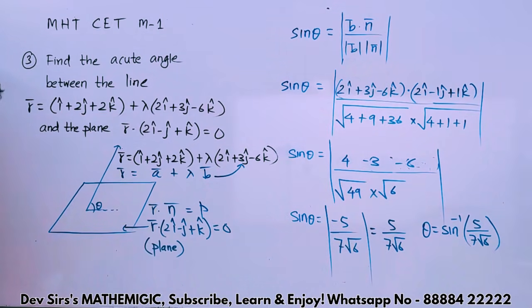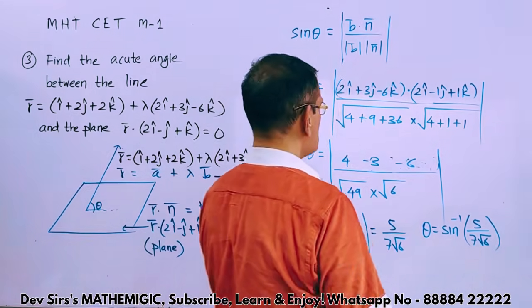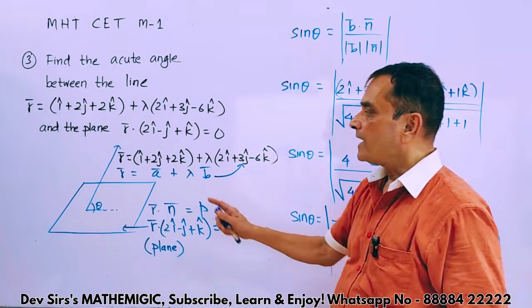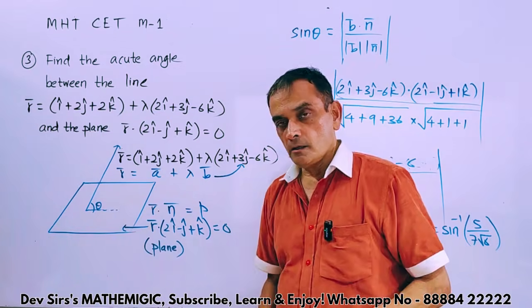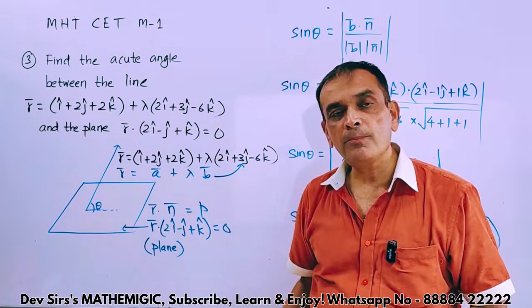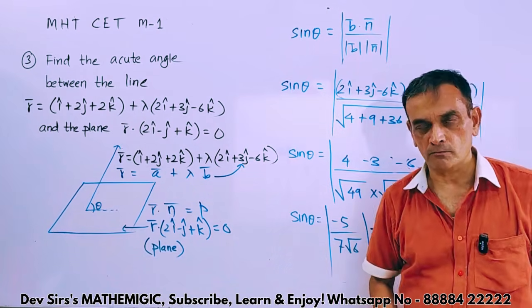Let us see what form the answer is given. Yes, this is the answer given. So this is the formula to find the angle between a line and a plane. Both equation of line and plane are given in vector form.